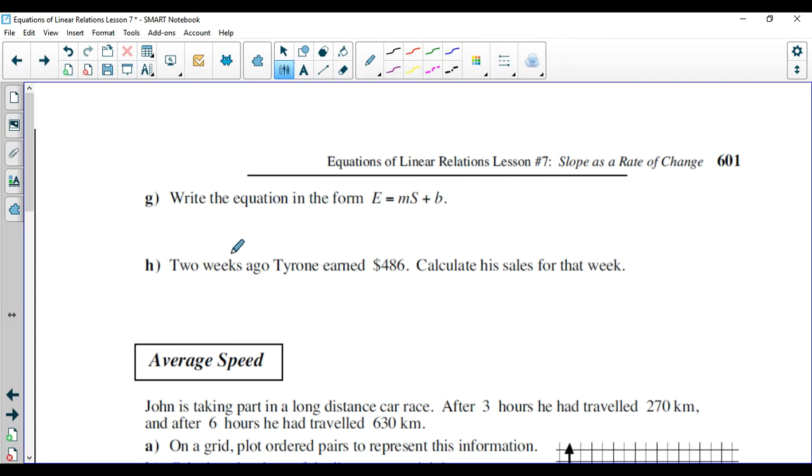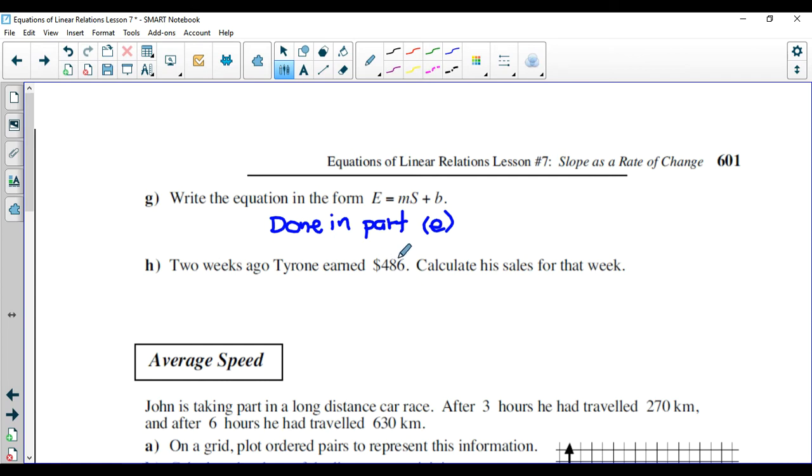Write the equation in the form E equals ms plus b. Hey, we already did that, so that was done in part E.